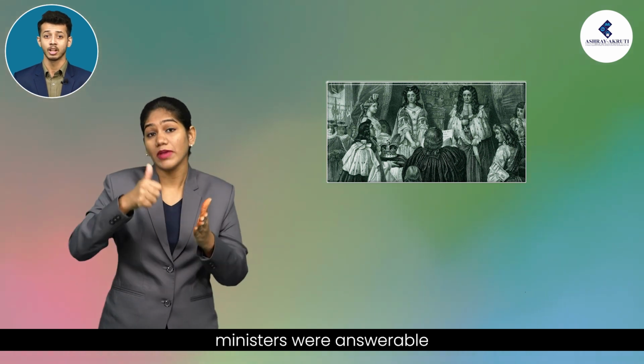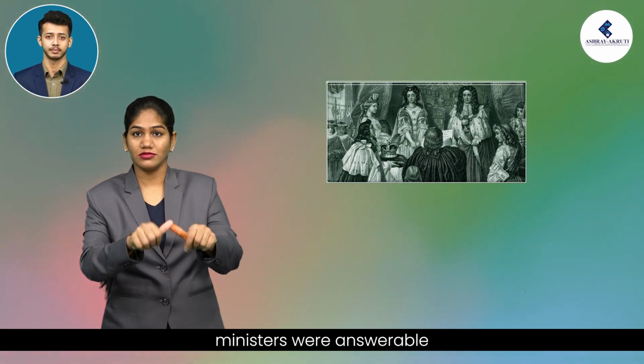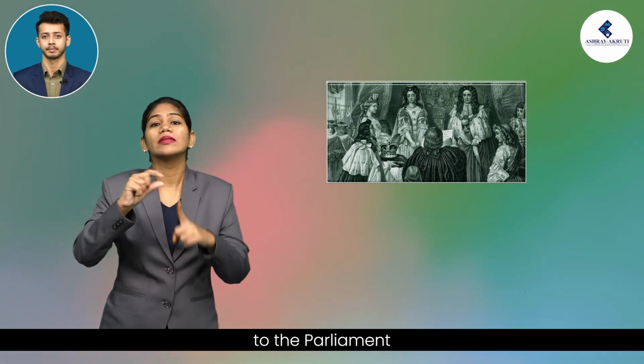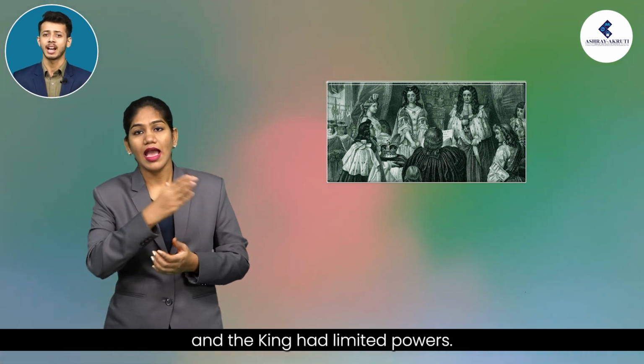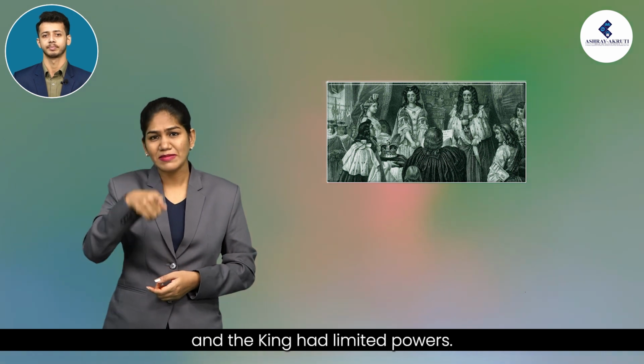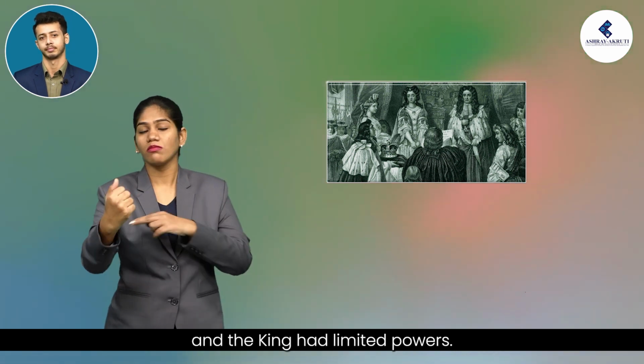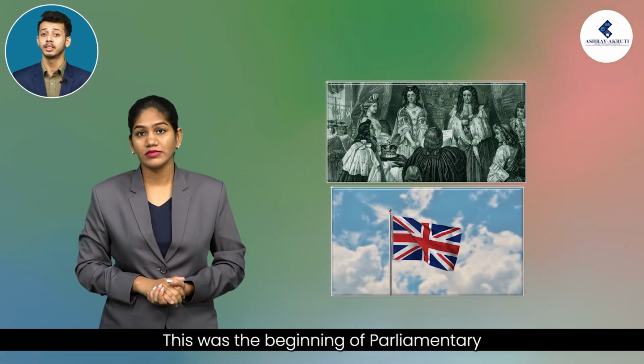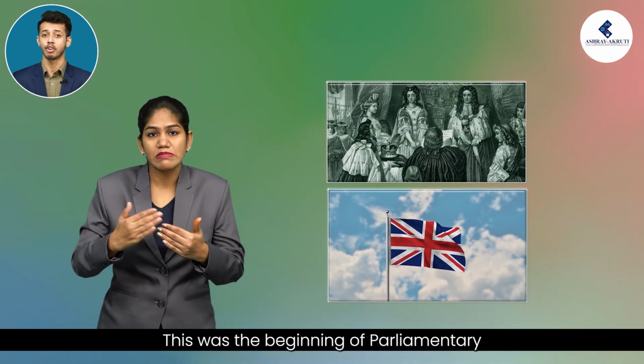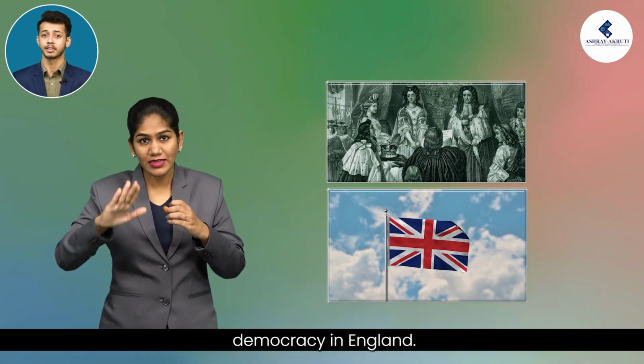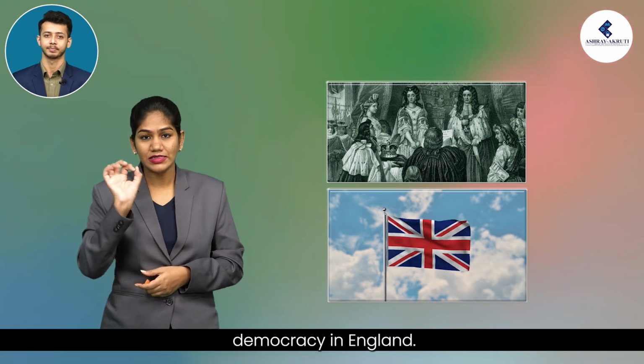Ministers were answerable to the Parliament and the king had limited powers. This was the beginning of parliamentary democracy in England.